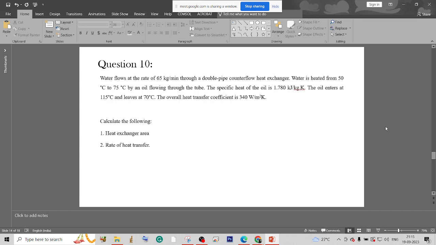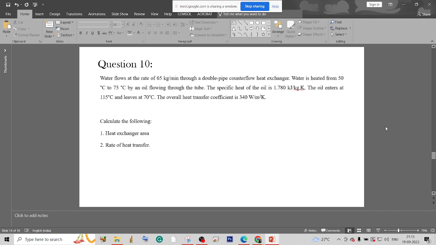It's already given. For the cold fluid, the inlet temperature is 50 degrees Celsius and the outlet temperature is 75 degrees Celsius. For the cold fluid, the mass flow rate is given as 65 kg per minute, which is 65 upon 60 kg per second. So this is 1.08 kg per second. This is for water.